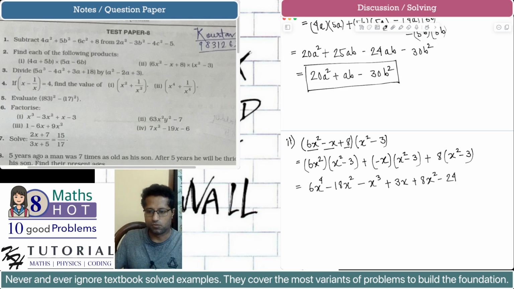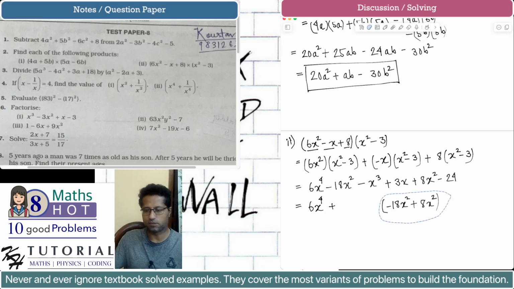Okay. So now we have this. Now we have to collect the like terms and add them up. So we have 6x to the power 4, which is the only term on its own. Then we will collect the terms of x square, that is minus 18x square plus 8x square. And always when you write a polynomial, try to write the terms in descending order of the degree of the terms.